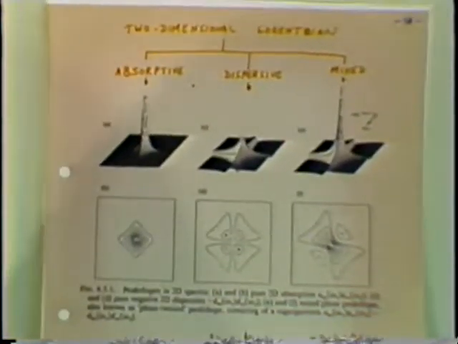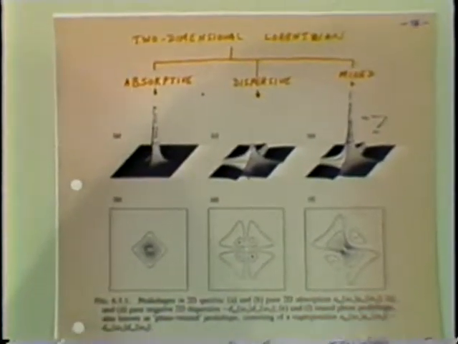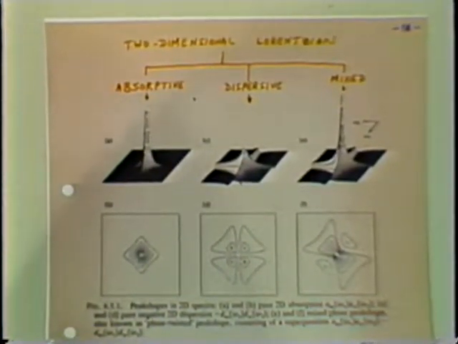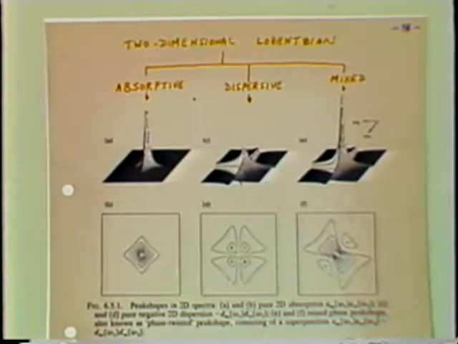I would like to show you some of these line shapes. These are from the book of Richard Ernst, on what will be a transparency on a slightly pinkish background. I think you can see them.